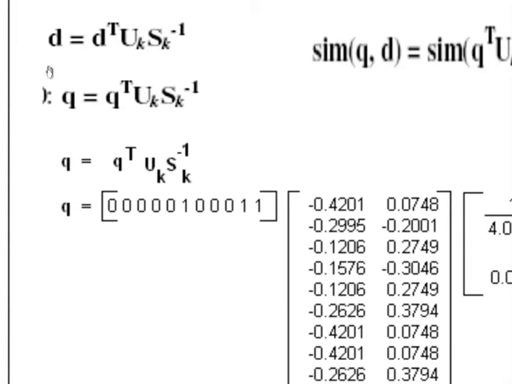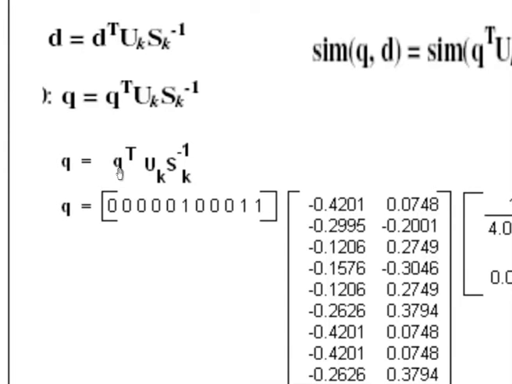So, suppose D is equal to D transpose UK and then the inverse of the singular value matrix, then you can represent Q using the same equation: Q transpose UK and then singular value inverse.